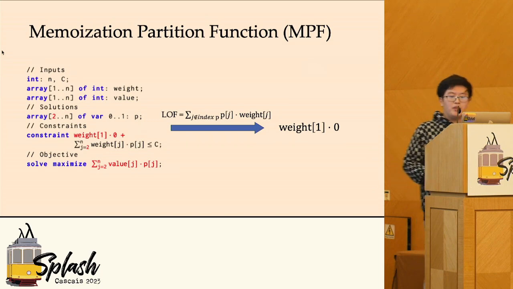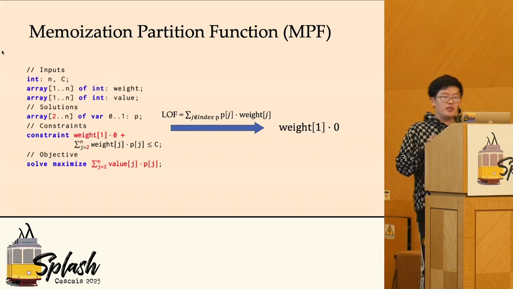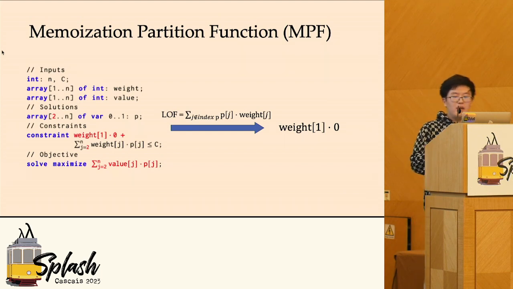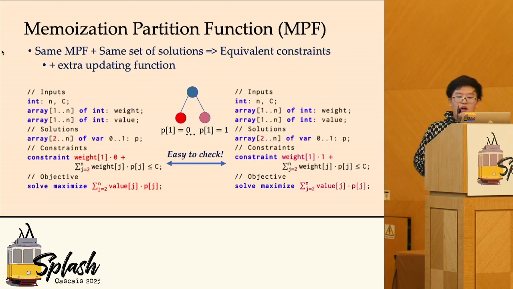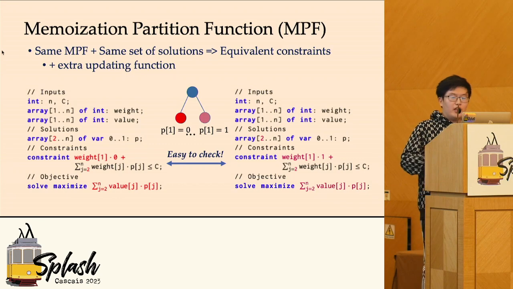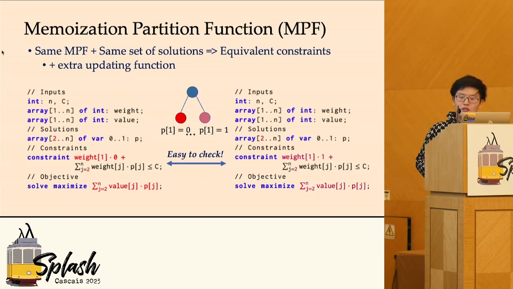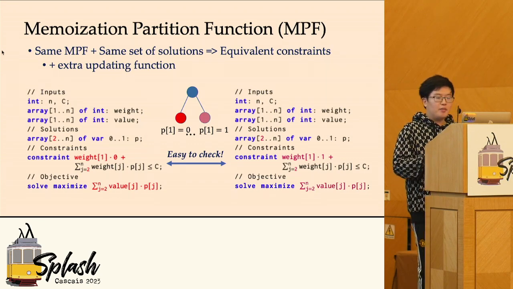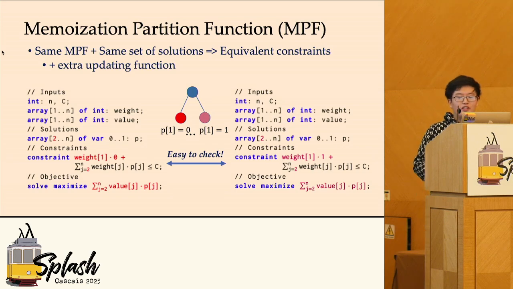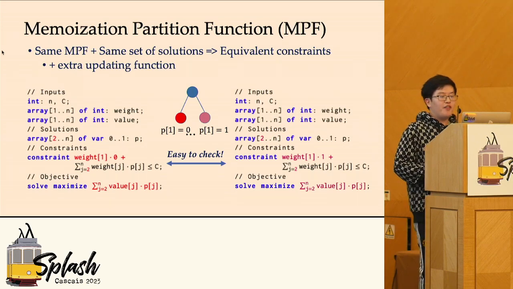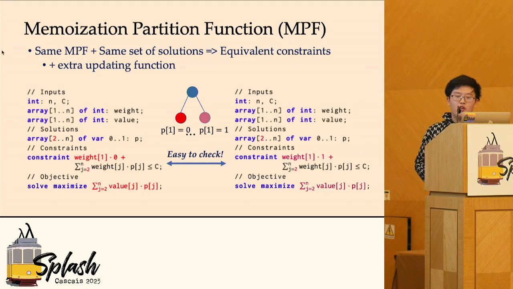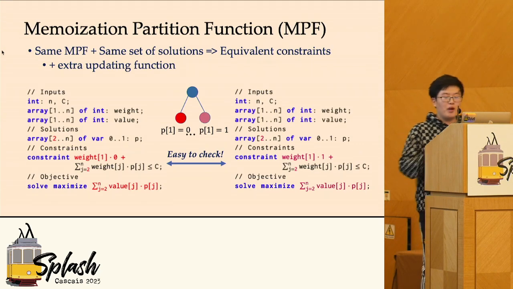We need to make sure that if two subproblems with the same solution part have the same MPF value, then they share equivalent constraints over variables. For knapsack, this function is the total weight of the selected items. After applying MPF, we just need to check whether two subproblems have the same solution part and the same MPF value, which is much easier to check. We also need an updating function to efficiently obtain the MPF value of the child subproblem from the parent one.